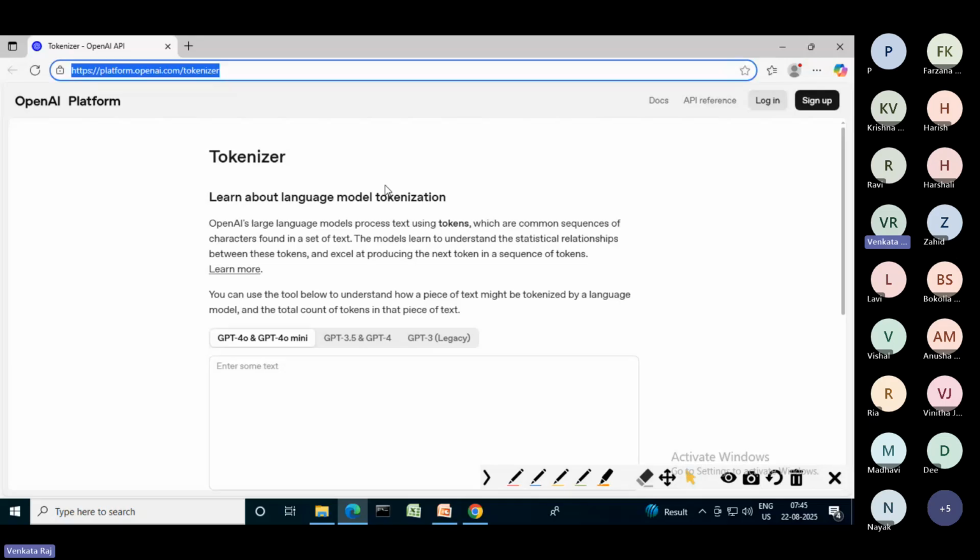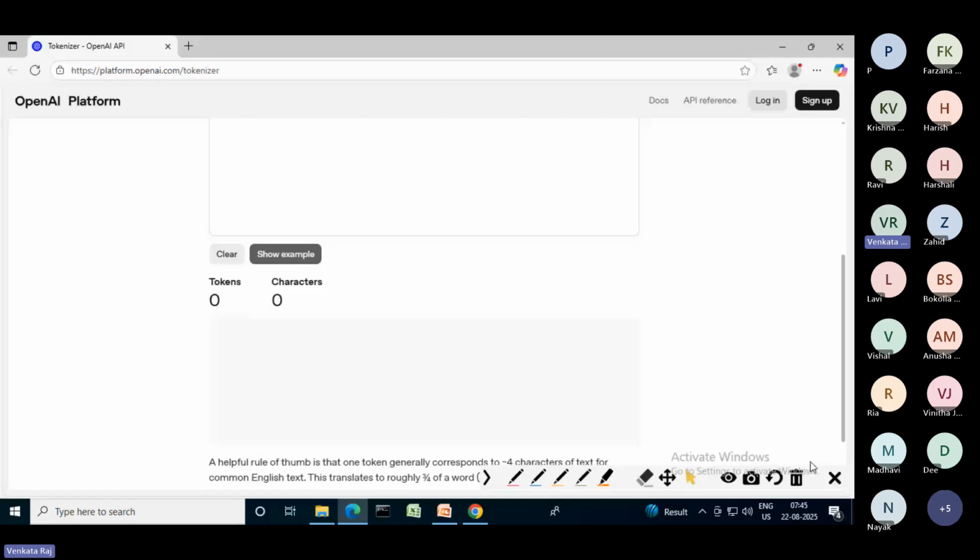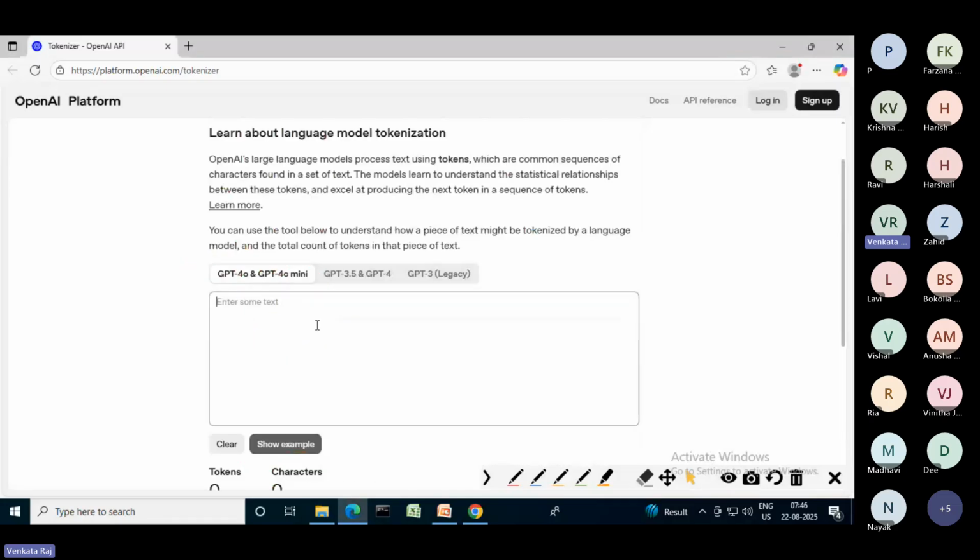See all of you, the different models are there: GPT-4o, GPT-4o mini, and then the previous models. Now you see below, it is showing 0 tokens, 0 characters, right? Now let me give any text. Let's say I ask, what are the benefits of generative AI?